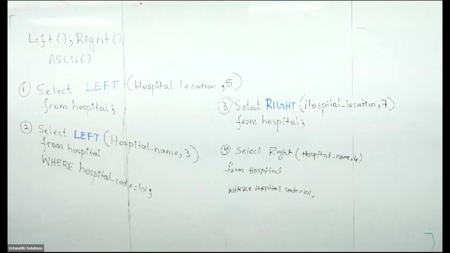Write a query to display the ASCII value of the character A. So now you don't have any input or data like A. So can I call it raw data?